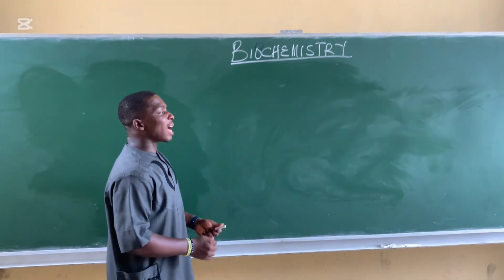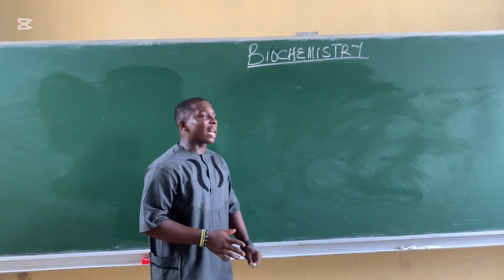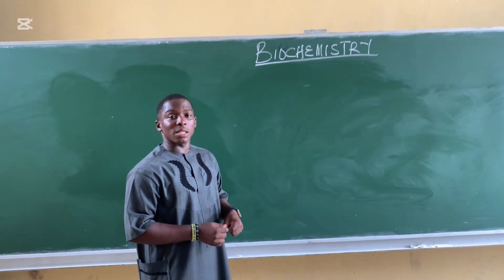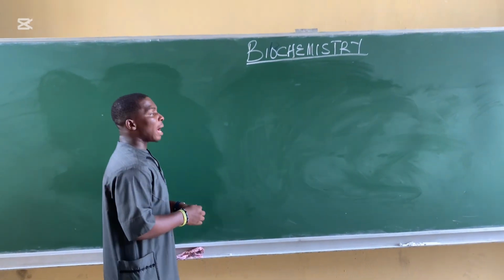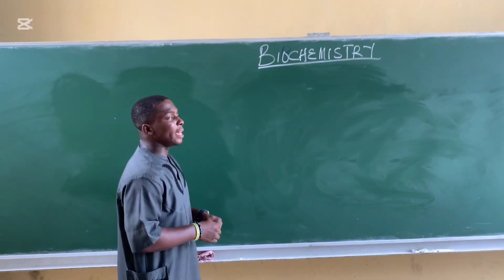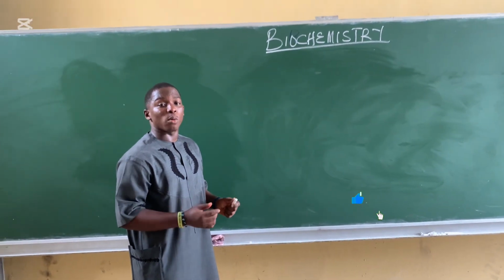So we've looked at the general structure of an amino acid. A very important point to take note of: amino acids are linked together covalently by a peptide bond.